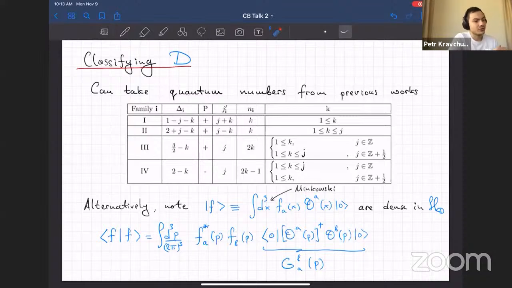For scalars, it was only a subset, and the reason is that the null descendants that appear are not necessarily allowed to contribute to the 4-point functions of scalars.